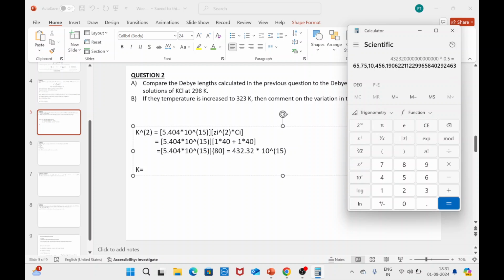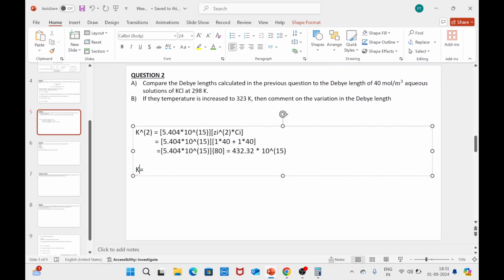So that is 6.57 times 10 to the power 8 meter inverse. So this is the value of the inverse of Debye length.